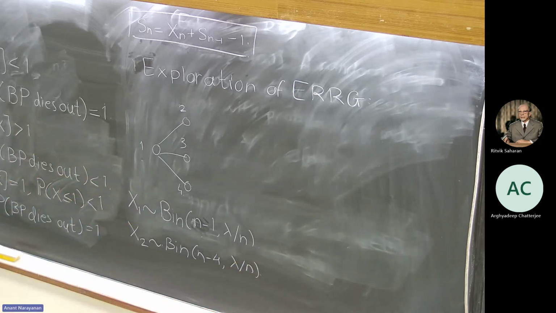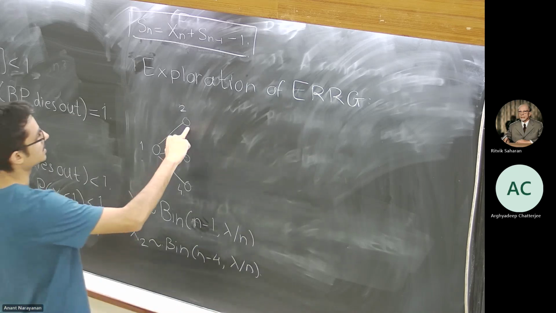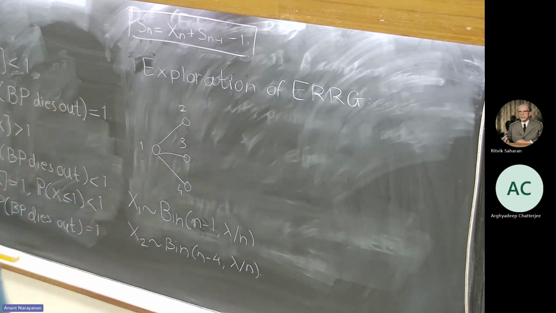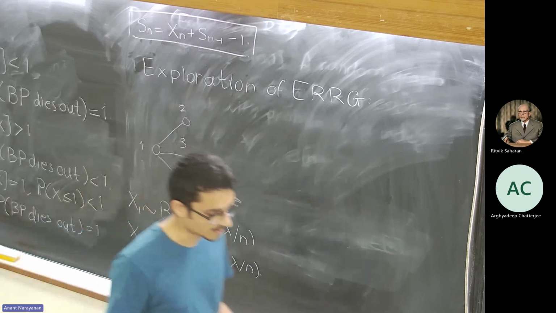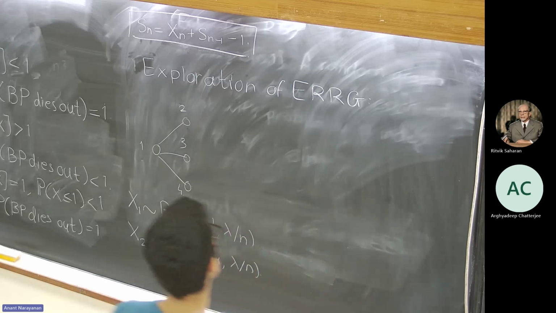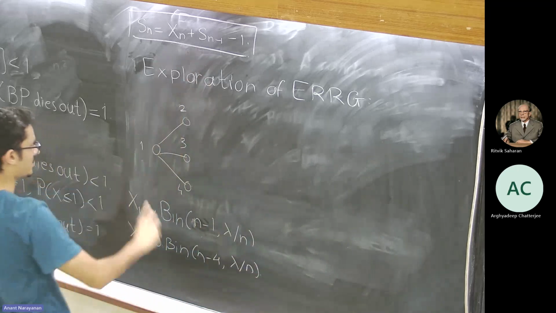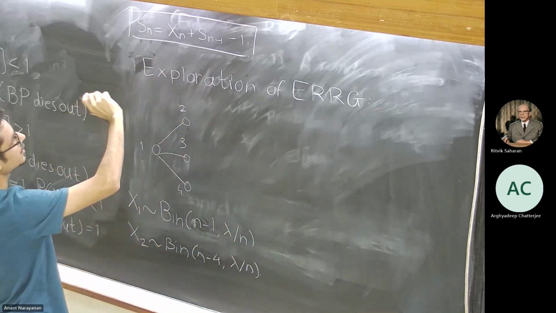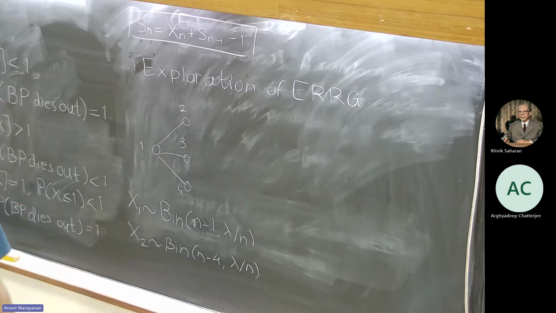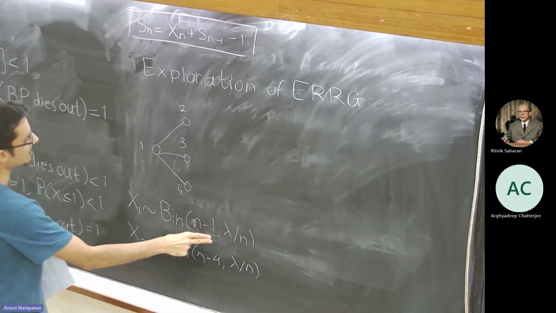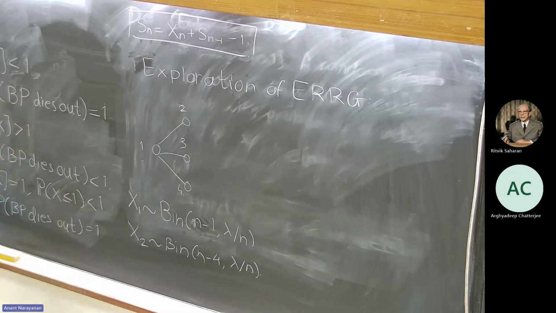As you explore more vertices, the offspring distribution will keep changing at each step. In a branching process this phenomenon does not occur; the distribution of X_n is IID with that offspring distribution mu. But over here, there is some effect of the past exploration on this process.